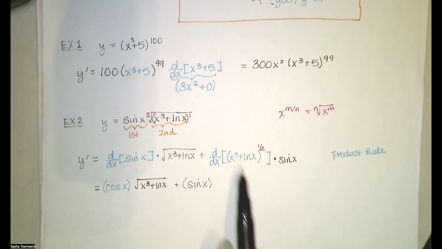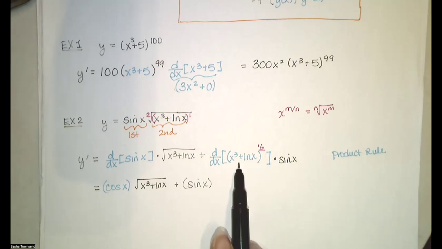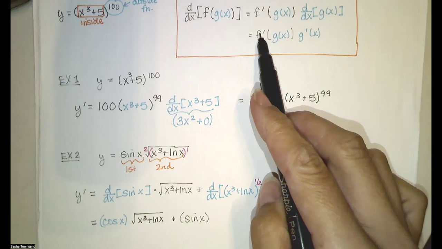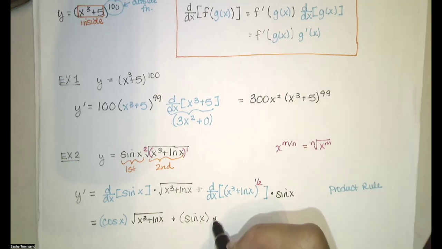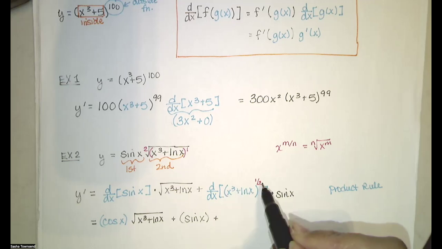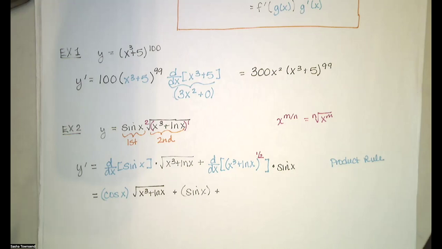But then for this one, I say, do I have a rule for that? And I don't have a basic rule for that. I don't have any rules for composite functions except for the rule that we just learned. So I'll apply the rule that we just learned. I've got this function nested inside that square root function or that 1/2 power function.